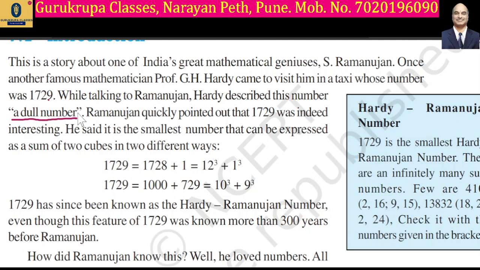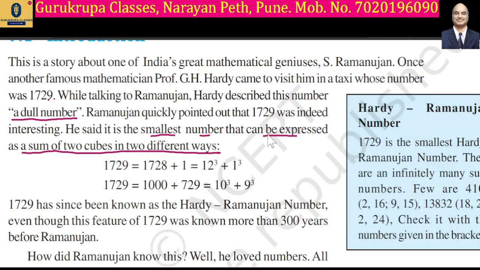But Ramanujan quickly pointed out that 1729 was indeed an interesting number. He said that it is the smallest number that can be expressed as the sum of two cubes in two different ways.